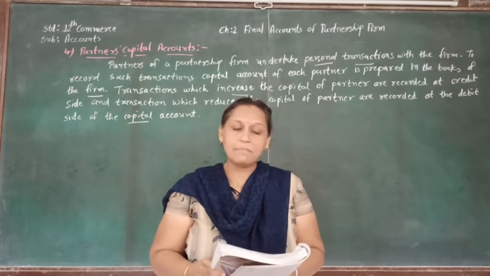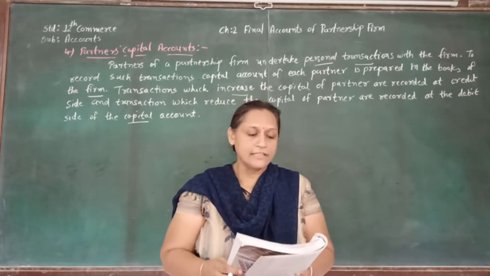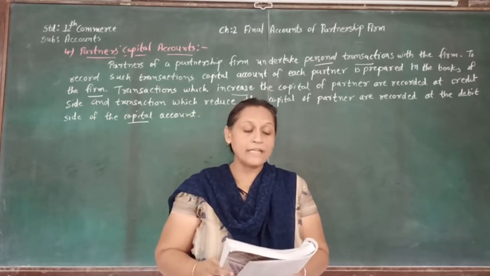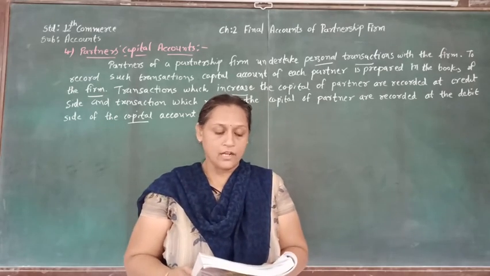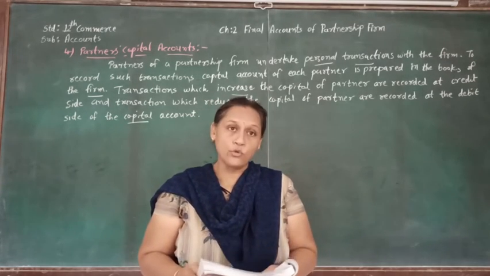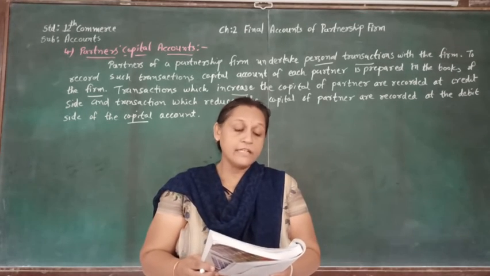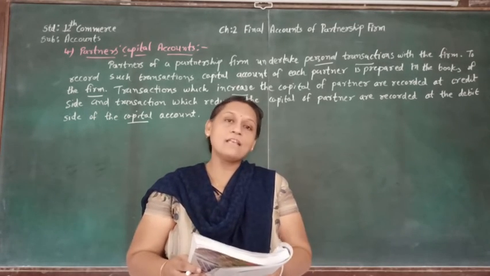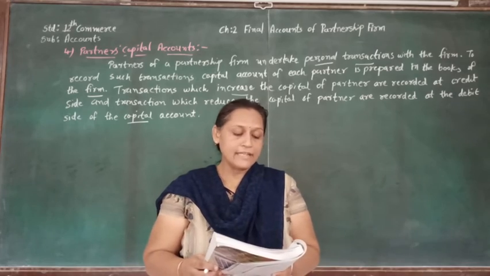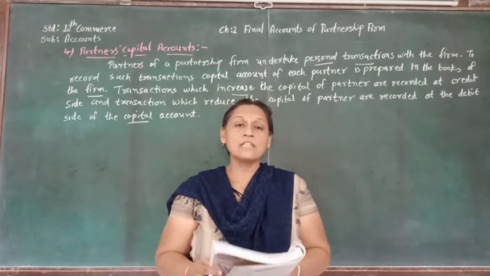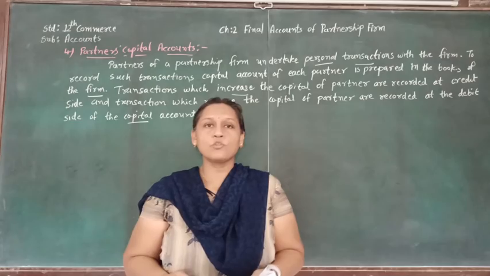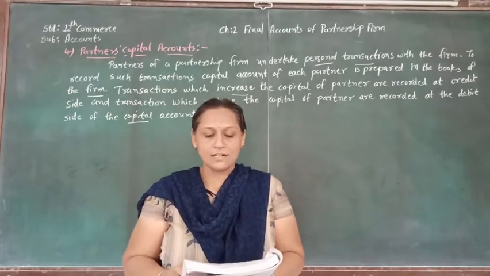On the debit side of the partner's current account, there is the opening balance, that is the opening debit balance of current account. Then to drawing, and the other thing is to interest on drawing. Then interest on debit balance of current account, and then the divisible loss. These are the items that are supposed to be debited to partner's current account.